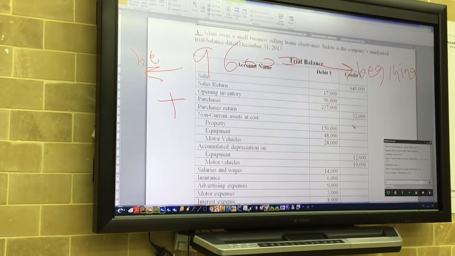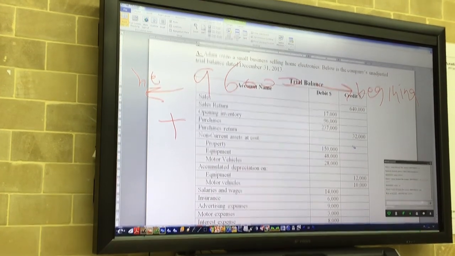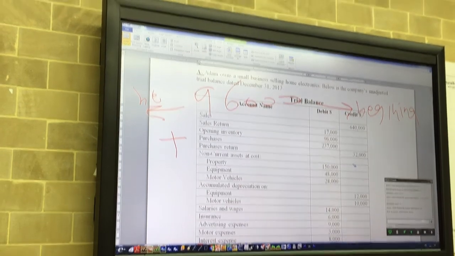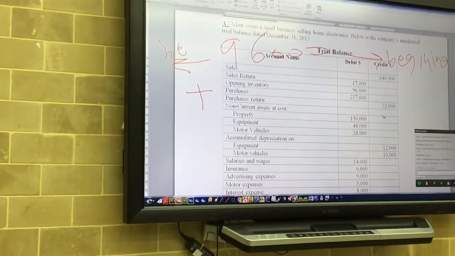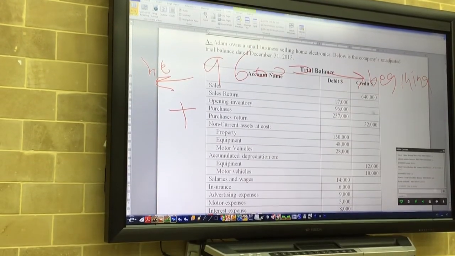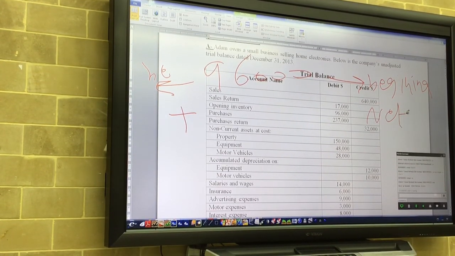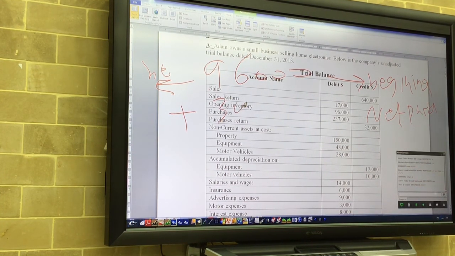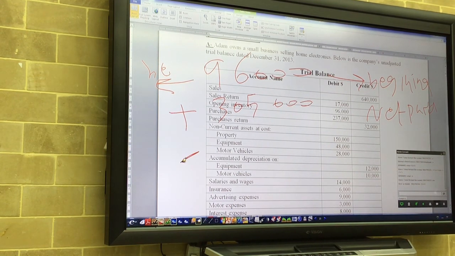Why do we mention the opening inventory? I will find the cost of goods sold. Cost of goods sold means beginning inventory plus net purchases minus ending inventory. So beginning inventory 96 plus net purchases 205 will be 301,000 minus the ending inventory.